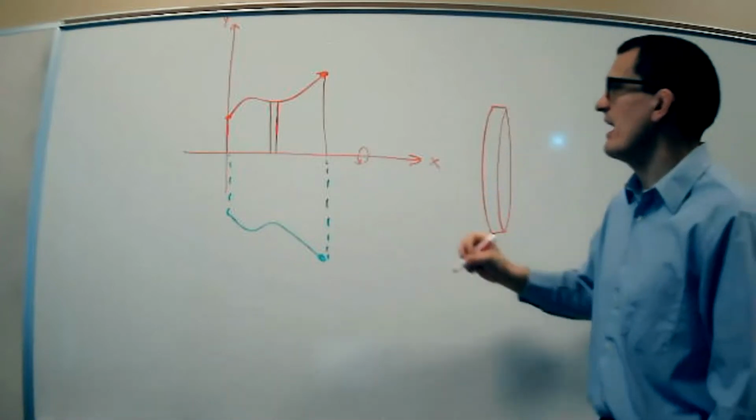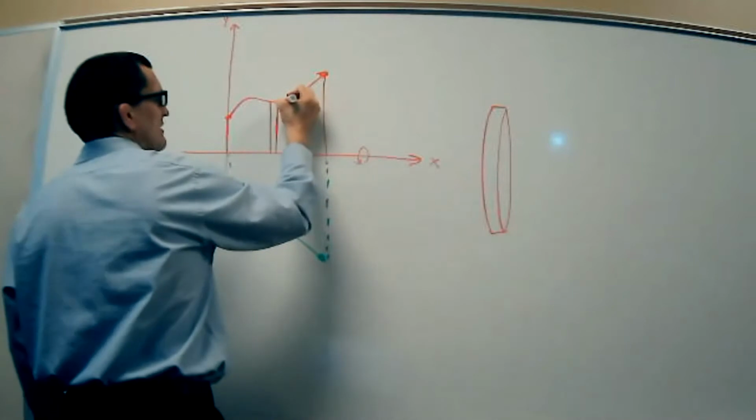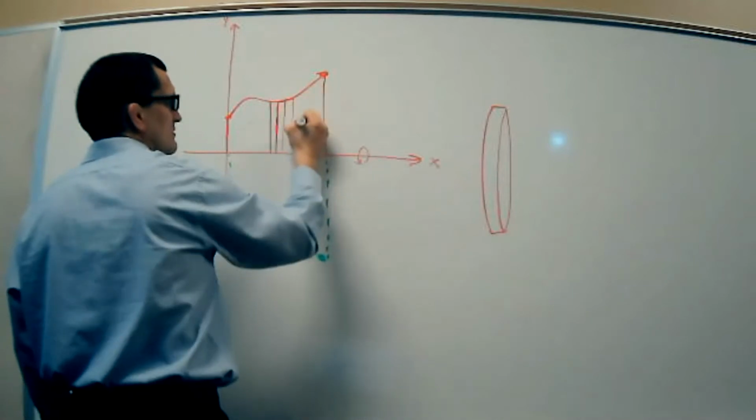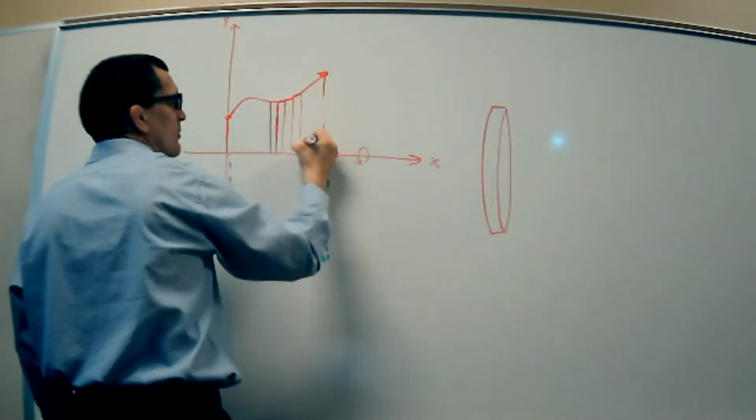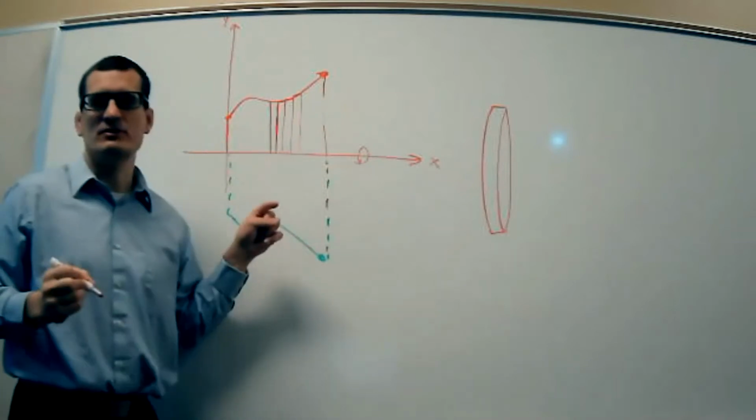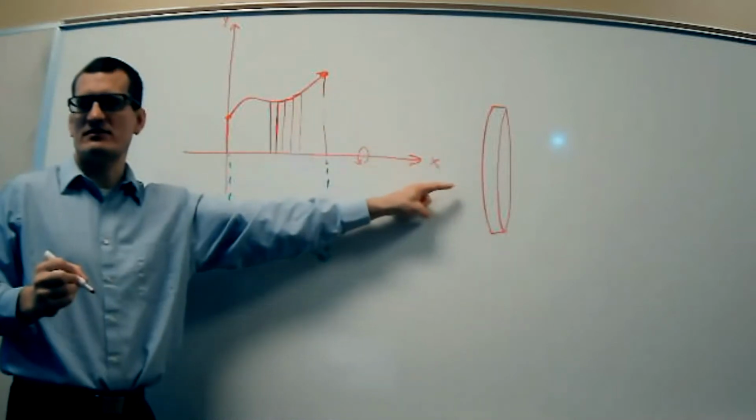And if you do that with lots and lots of rectangles, then you can approximate the volume by adding up a bunch of disks.